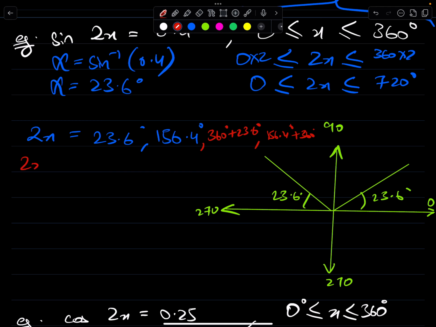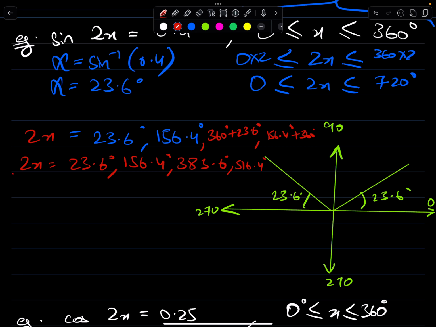That is 360 plus 23.6 degrees, and 156.4 degrees plus 360 degrees. And 2x turns out to be 23.6 degrees, 156.4 degrees as they are, and we have 383.6 and 516.4 degrees.